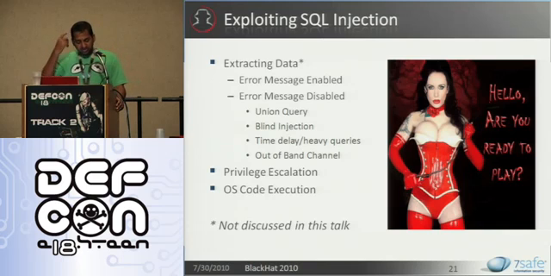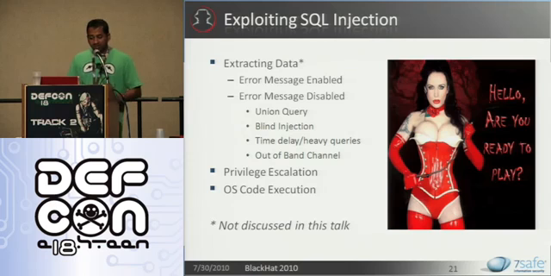Extraction of data is actually something which has been documented quite well, and I will not be talking about it in this 50 minute slot. Essentially, extraction of data can be divided into two categories. When the error messages are enabled, then just like in MS SQL, you do typecast conversion errors, and you extract the data within the error messages. You can do similar things in Oracle. When the error messages are disabled, you can call union queries.